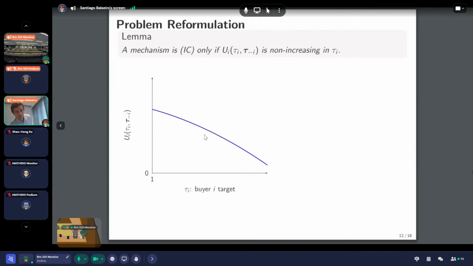Well, if you have a given target, then you can always report a higher target. That won't violate your constraint. So it should be the case that that gives you less payoff. Otherwise, you may misreport. Now, you cannot report a lower target because that's going to violate your constraint.